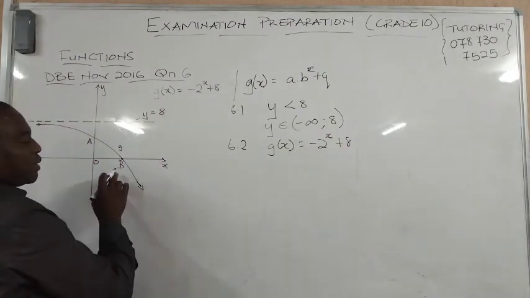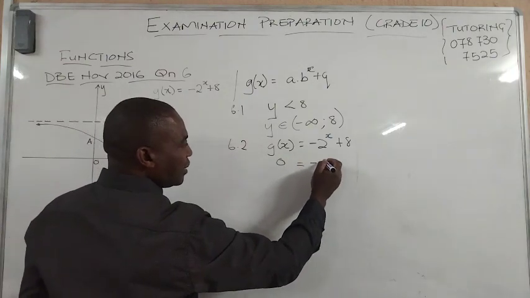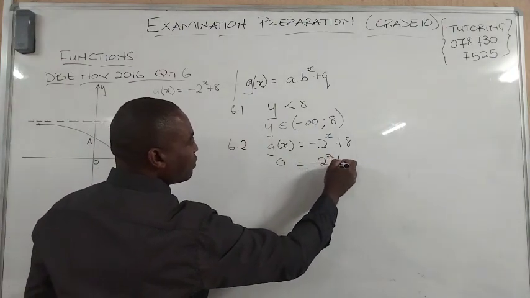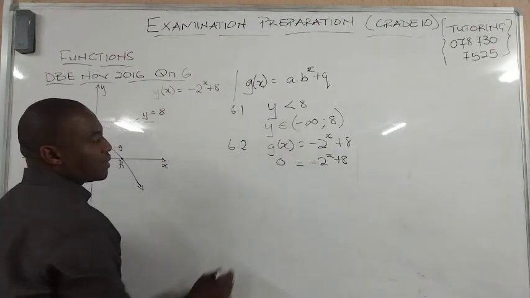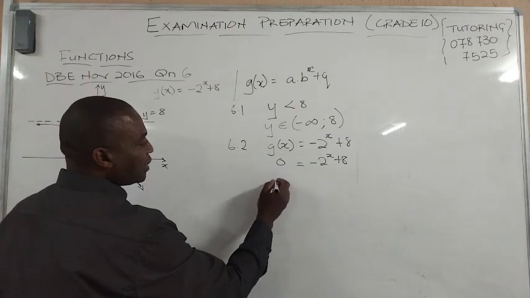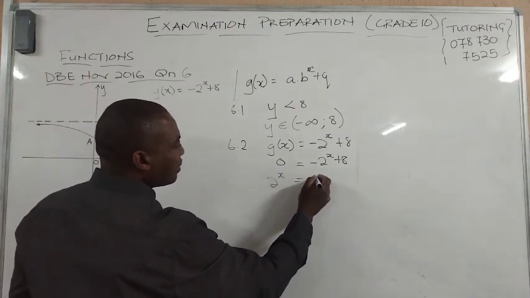So g of x at b is 0. So that's equal to negative 2 to the power x plus 8. Now if we take negative 2 to the power x to the left side, it becomes positive. That is 2 to the power x is equal to 8.